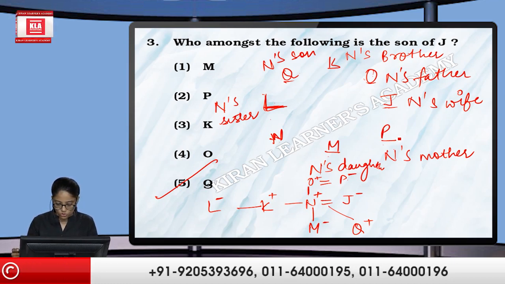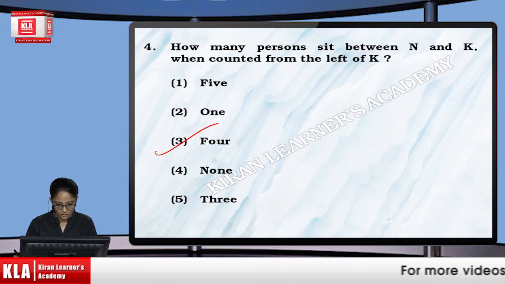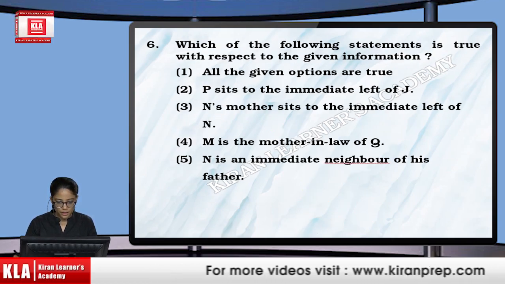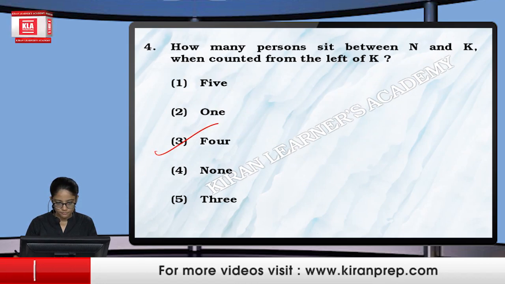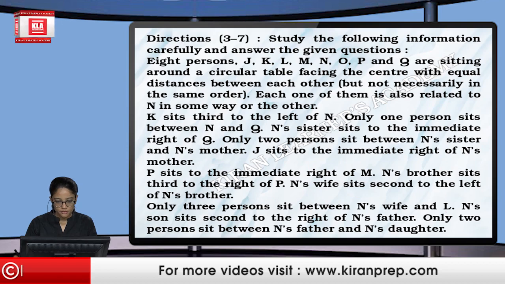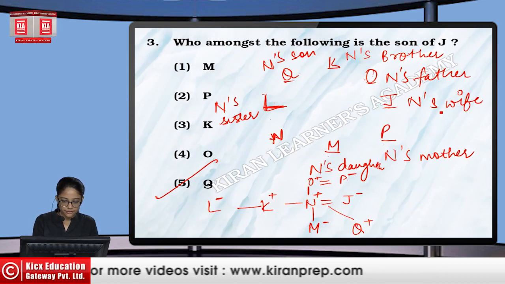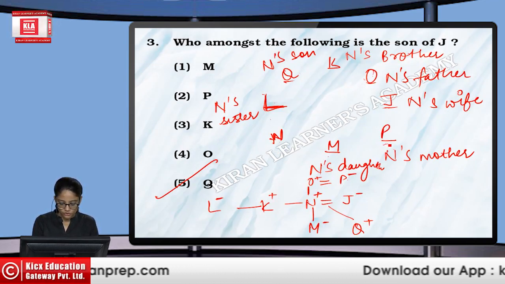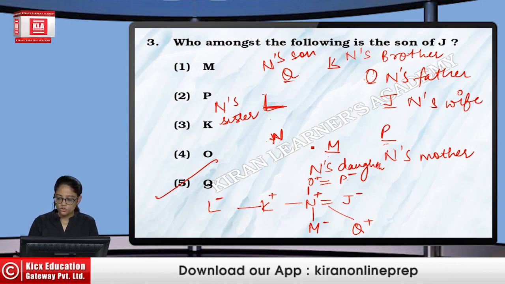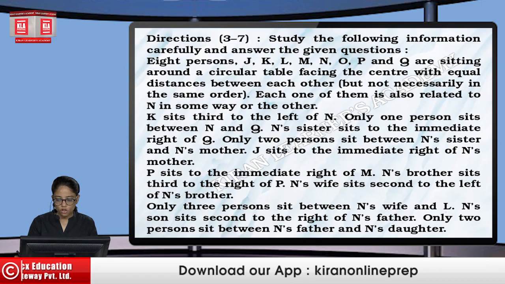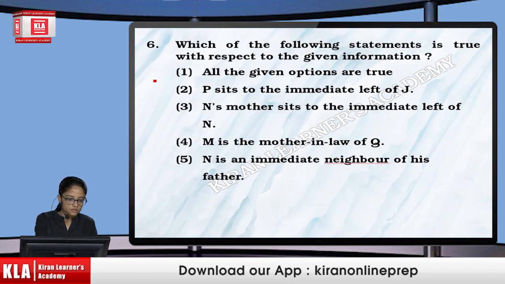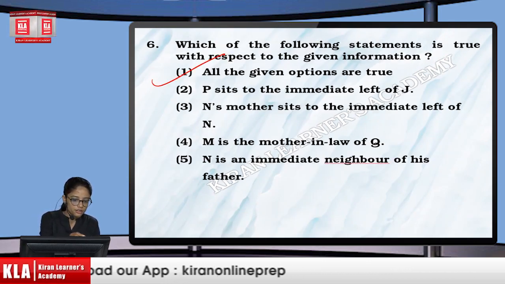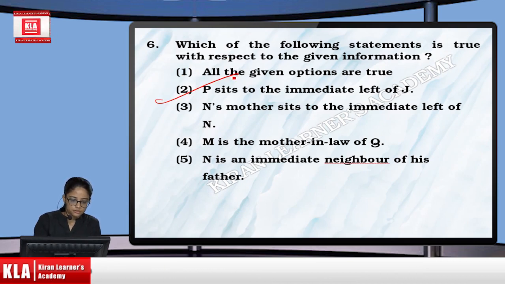So if we check the next statement, what we have is N's mother is left of N. No, it is not true. So the option we are getting is option number, sorry, the option number second.